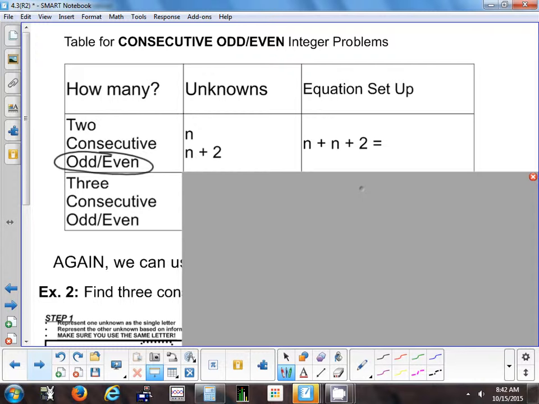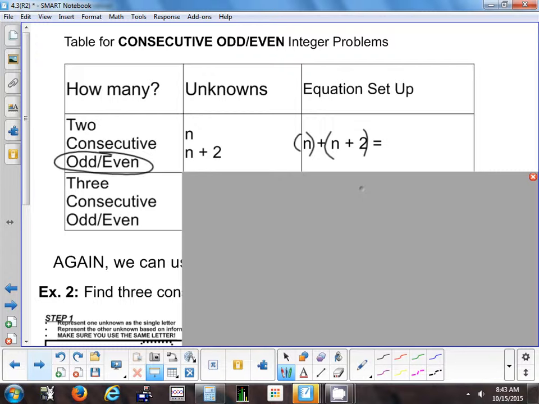It'll usually be something like you add the first number to the second number and they total something. Maybe 2 consecutive even numbers add up to 10. In that case, it would be 4 and 6. 4 plus 6 adds up to 10.